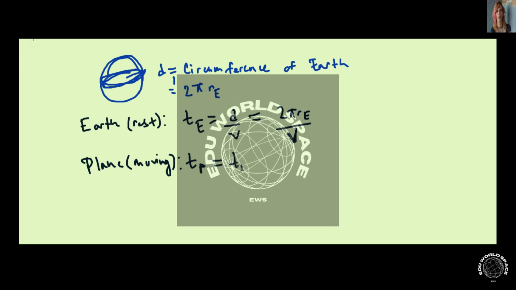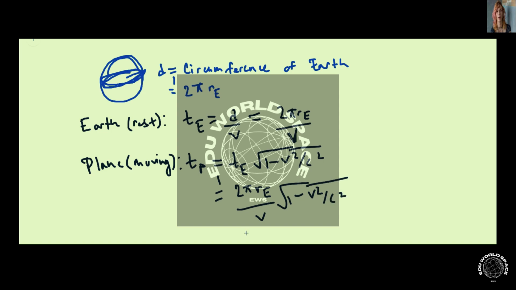So it will actually be T sub e, the time measured from the Earth's rest frame, times square root of 1 minus v squared over c squared, v being the same v as in here. And so this is 2 pi r e over v times square root of 1 minus v squared over c squared.